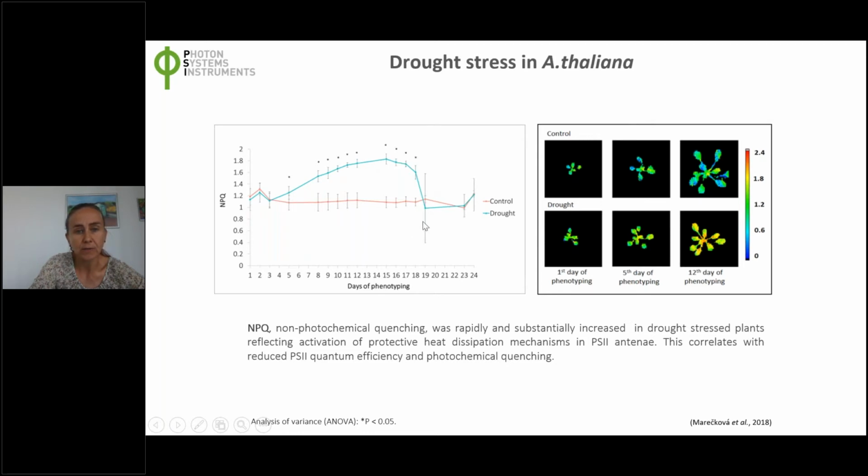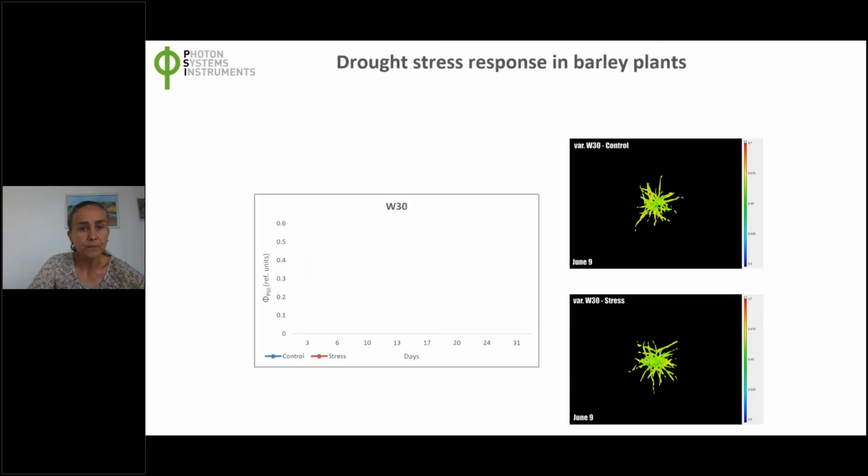And again, when the plants are rewatered, the NPQ goes back, and the plants recover to the same level as in the control plants. With this example, I wanted to mention that it also depends on the type of parameters one aims to measure, and it's always important to consider when designing the experiment protocol.